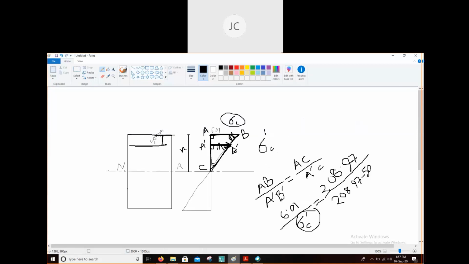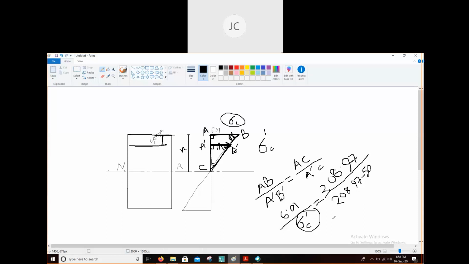AC is our neutral axis depth, which is 208.97, and A dash C is 208.97 minus 50. If you solve this equation, you will get the value of sigma c dash. Do you understand this equation now? Can you find the value of sigma c dash?